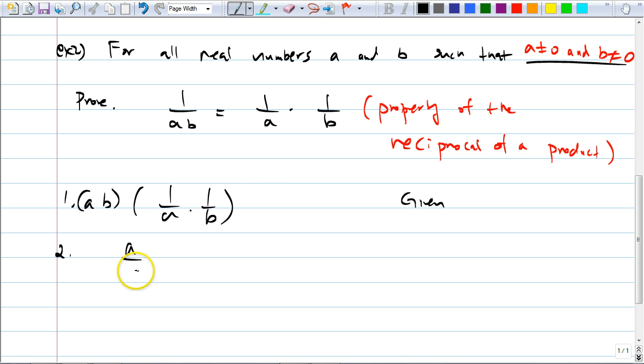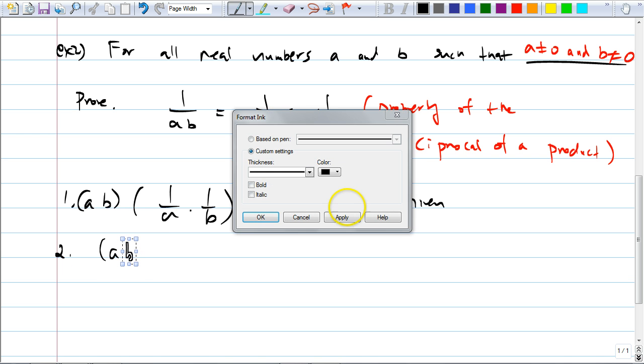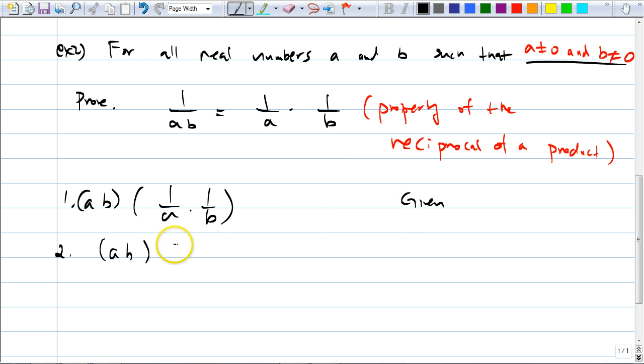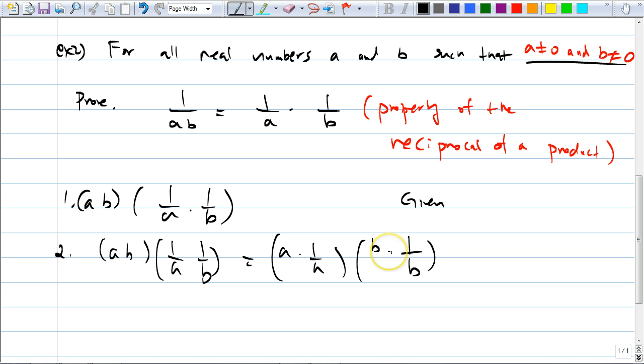How about if I say AB times 1 over AB, 1 over B. Then they say this equals A times 1 over A times B times 1 over B. What would you write as the step if they did this? So here's step 1, step 2. What would you write?